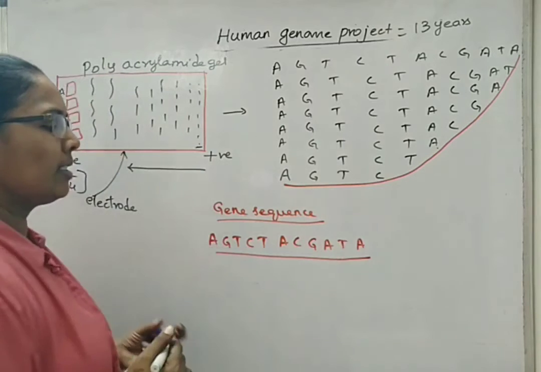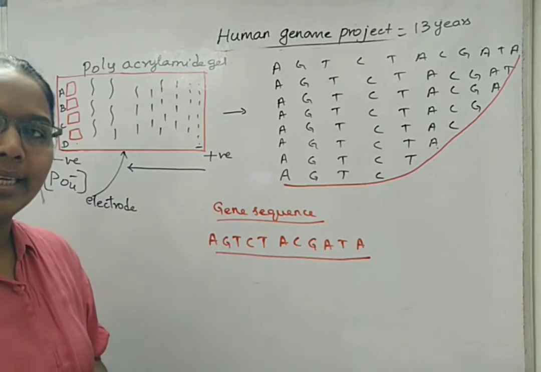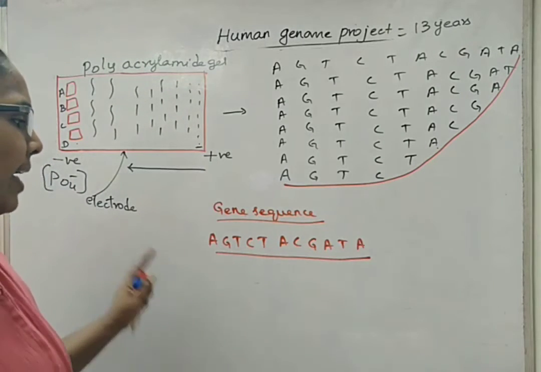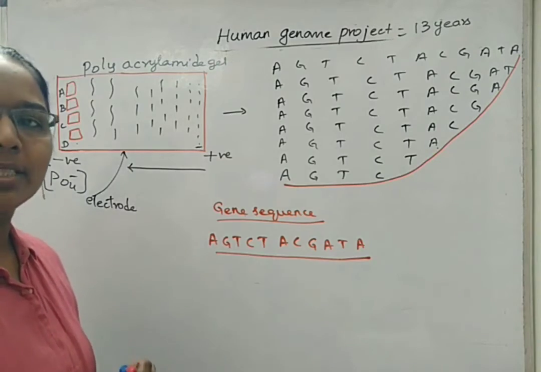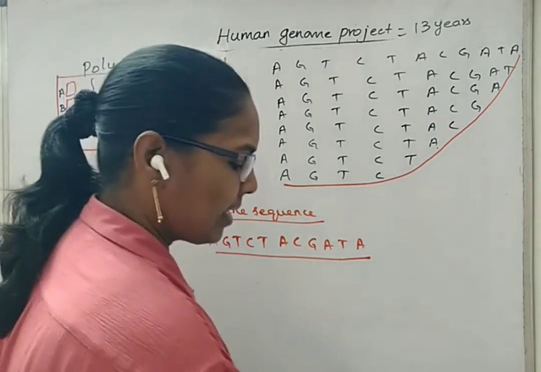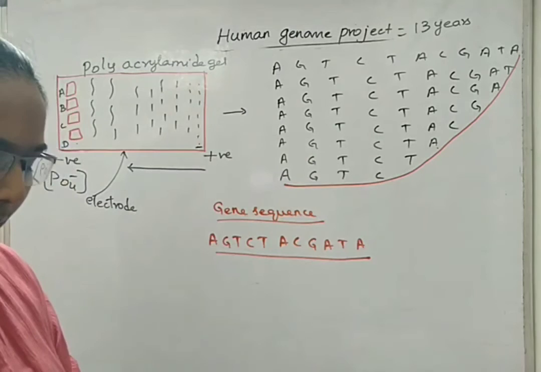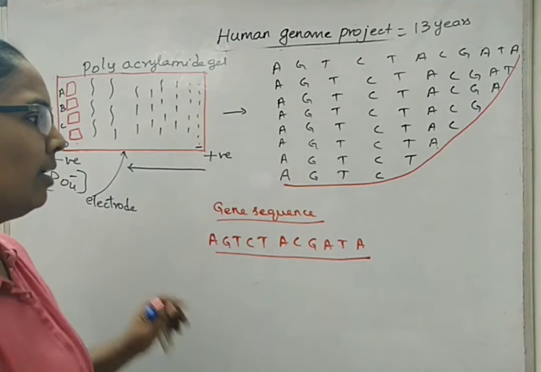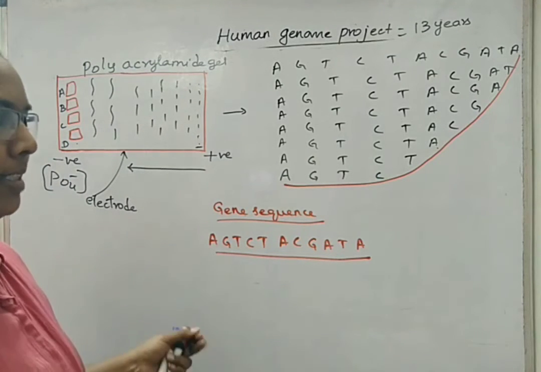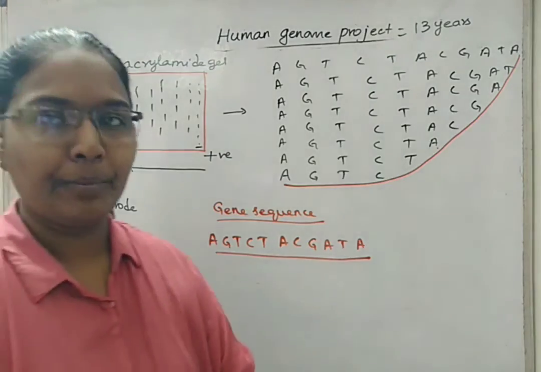In this way, the sequence of the genes or the nucleotides or the nitrogen bases can be studied by using Sanger's method. Actually, the complete study of Sanger's method is not included in NCERT. I think it is not useful, but if a student gets a doubt about how the method is done, this is the process.